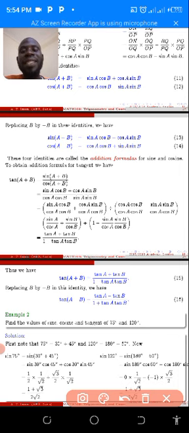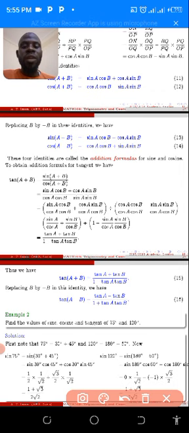So therefore, replacing B by minus B, you have in equation 13 here that sine(A-B) is equal to sine A cos B, because sine A here is positive. What of cos B? Cos of minus B is the same thing as cos B, because the cosine function is an even function, so it swallows the negative. Minus cos A sine B.